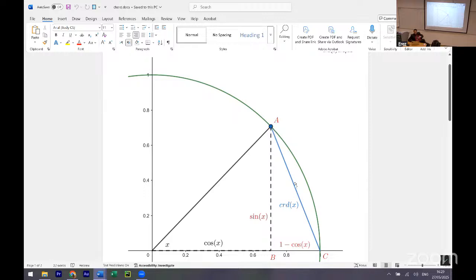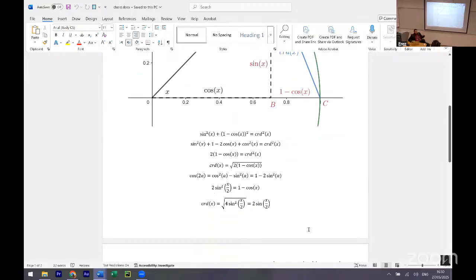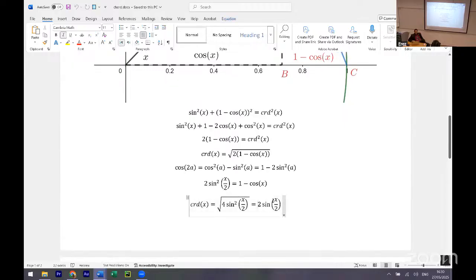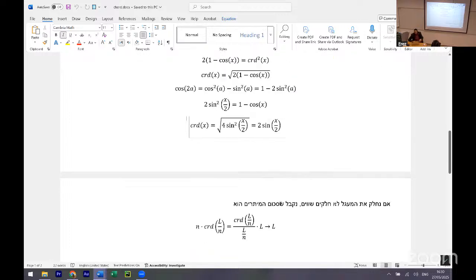He talked about the length of a chord, which is the segment between 2 points on a circle specifically, but chord in general could be between any two points. One can calculate that the chord is actually 2 times sine of x over 2. So it's nearly sine. He really almost talked about sine, but very differently than the way we talk about it today.